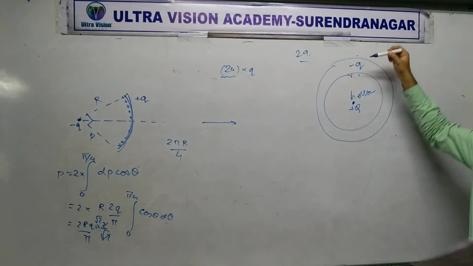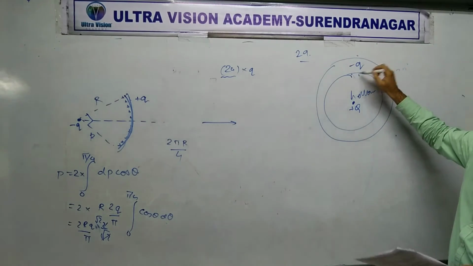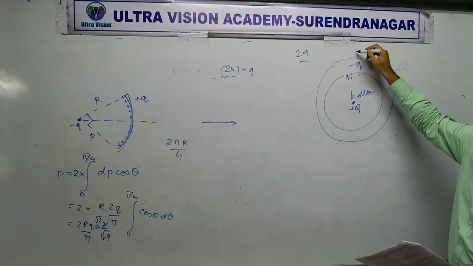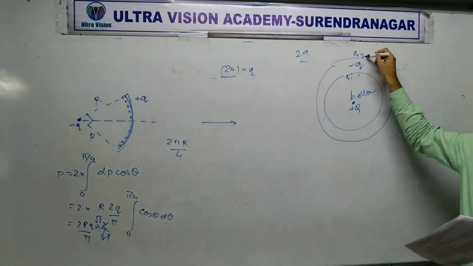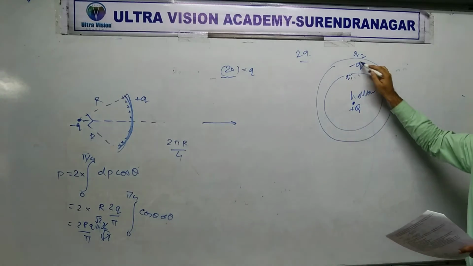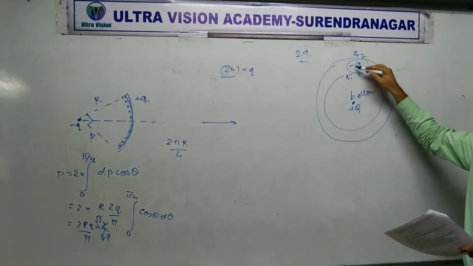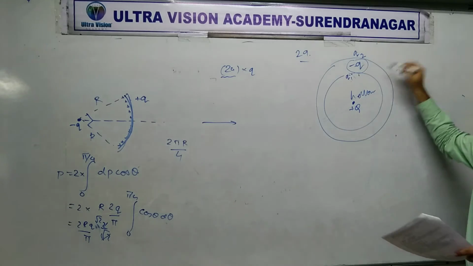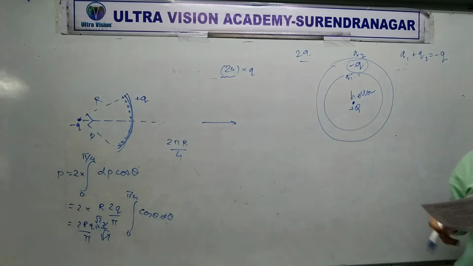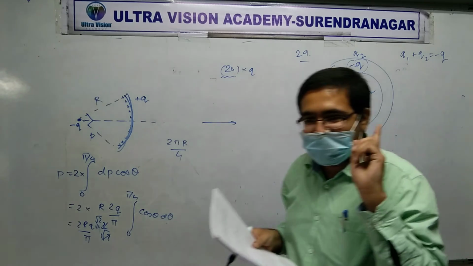Suppose whatever charge comes here we call Q1, and whatever charge comes here we call Q2. Clear or not? Very simple. So Q1 plus Q2 equals minus Q. Got it?